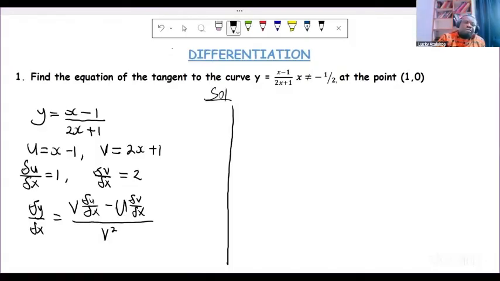Now, this is where it gets very interesting. Our v is 2x plus 1, so I'm going to write that here. So this is 2x plus 1, then du/dx is 1. Are you following? Good. Then minus.